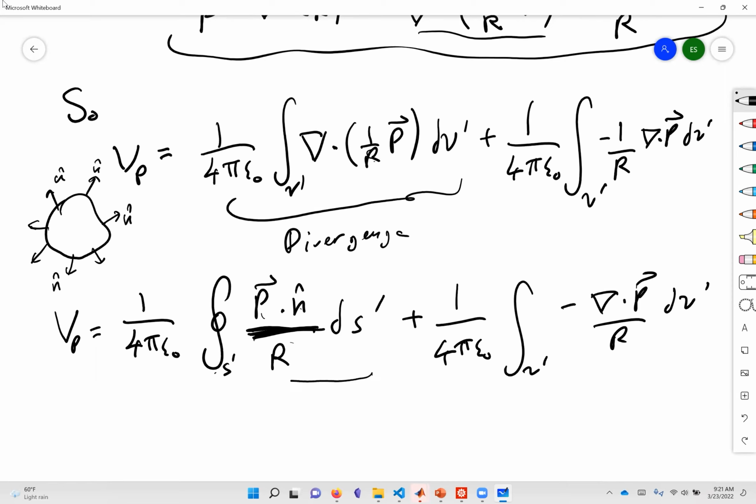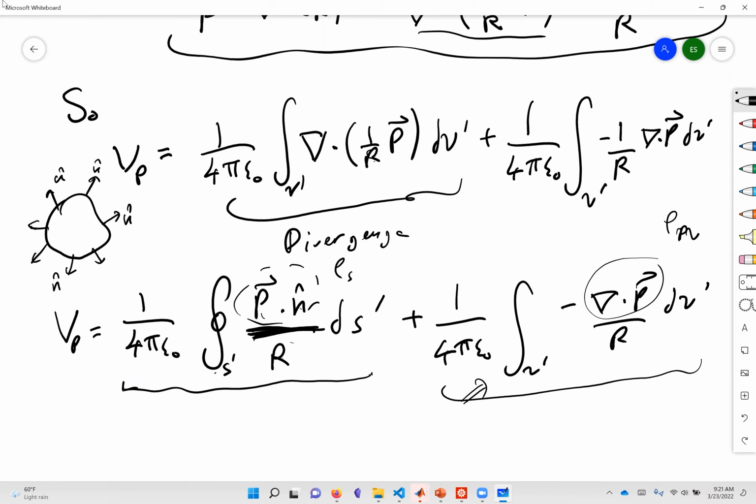So this is on the boundary. What does this look like? This looks like a voltage due to a surface charge density, right? Because this is like a surface charge density divided by R, integrated. You get the voltage. If you go back to the voltage equation from a surface charge density, this looks exactly like it. And this looks like the voltage equation due to a volume charge density.